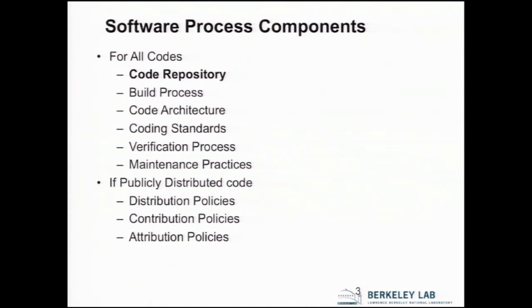And if you happen to have a publicly distributed code, you have to think about how you want to distribute, how far you want to distribute, what do you want to allow your users to be able to do to the code, how much are you going to allow the modification and redistribution of the code, and how are you going to attribute the IP contributed by other users, etc., etc. And I will go through each one of them one by one, where I would try to give a general flavor for what happens in the community, and then I will give specific examples, and most of those examples will come from Flash, because that's what I'm most familiar with, right?